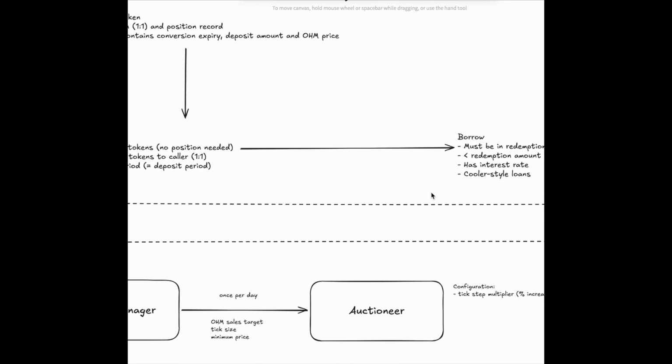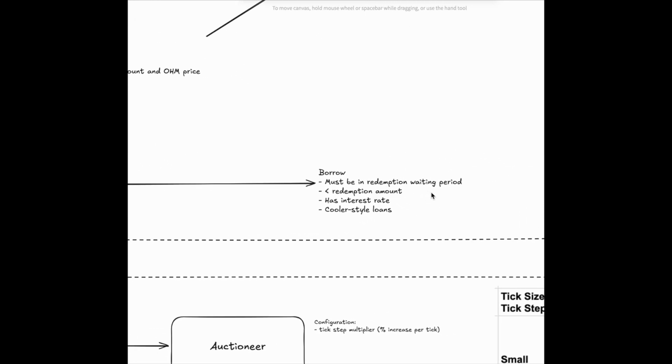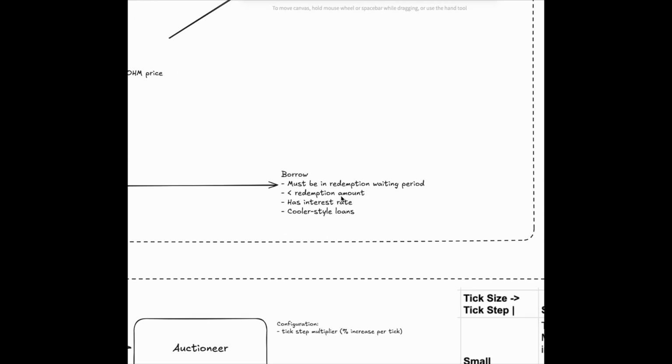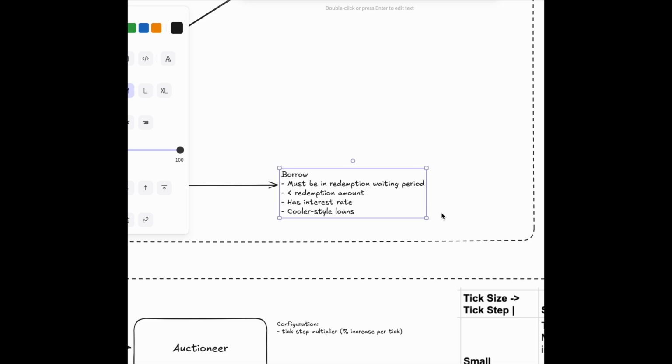One bone that we're throwing here is that if you have started that redemption process, you can borrow against that deposit. Now, initially, this isn't going to be enabled. We're doing a gradual rollout. But when that is enabled, you will be able to borrow up to a certain percentage of the receipt tokens that are in that waiting period. And they are structured like Cooler loans.